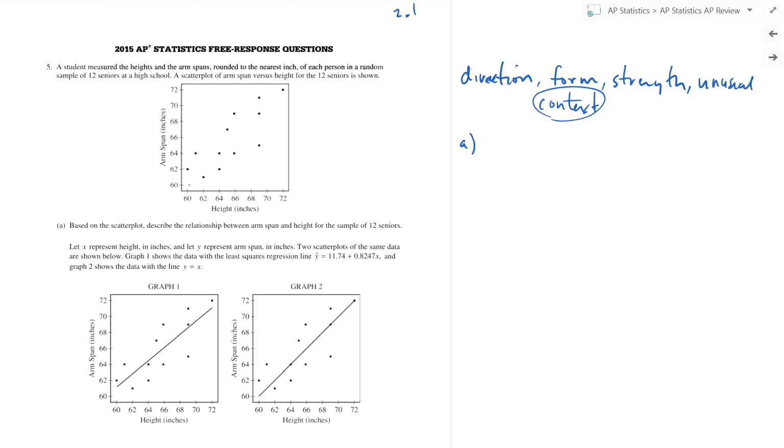Okay, certainly it's positive. Let's see.